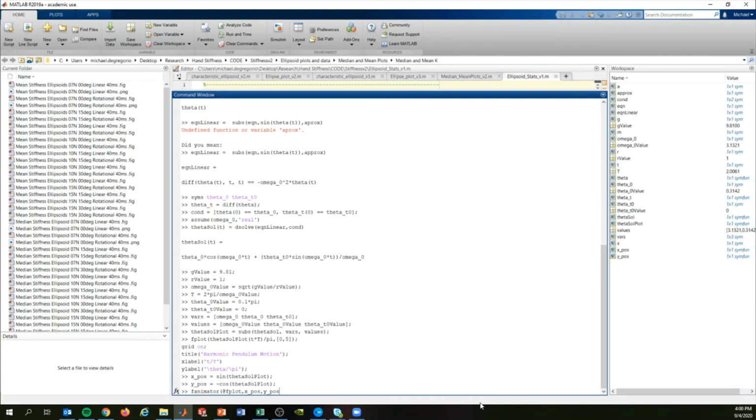That's going to make a frequency plot, x_position, y_position. Then this is telling us that we want a black circle, marker face color as black. K is black.